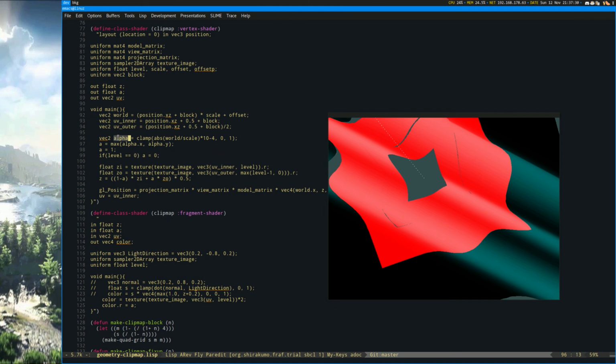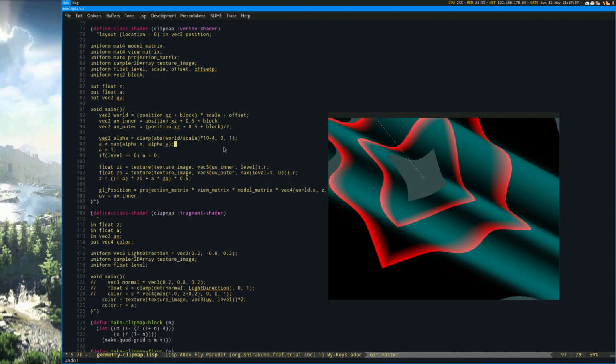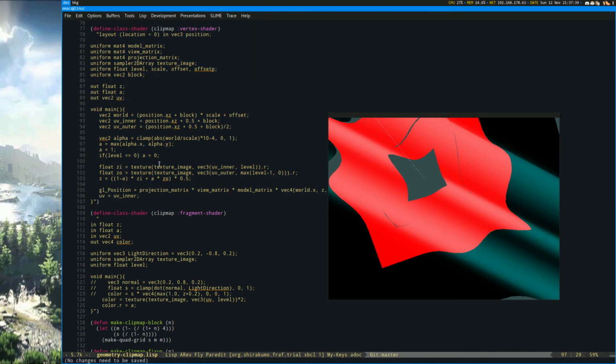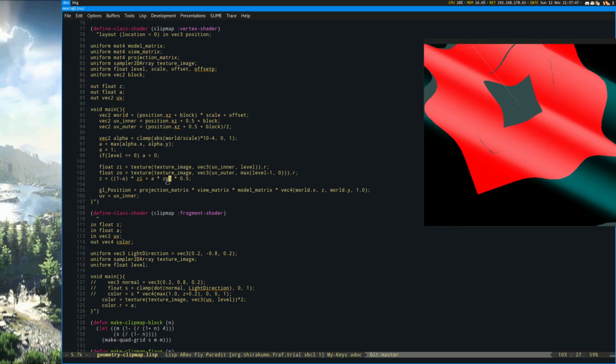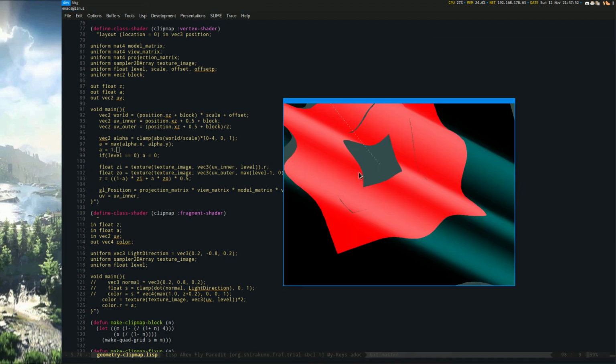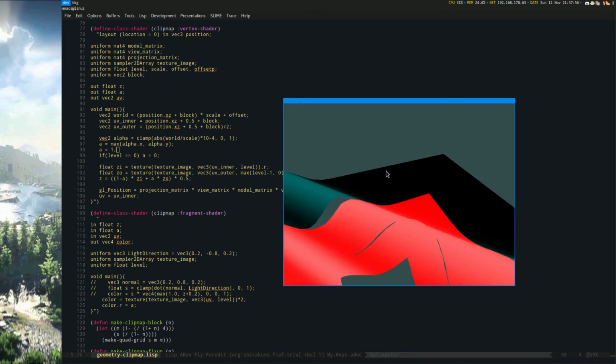Either way, the alpha calculation is fine. That is not a problem. We're only using the alpha to blend things together, here, which blends these two values together. But even if alpha is exactly 1, this falloff still happens anyway.